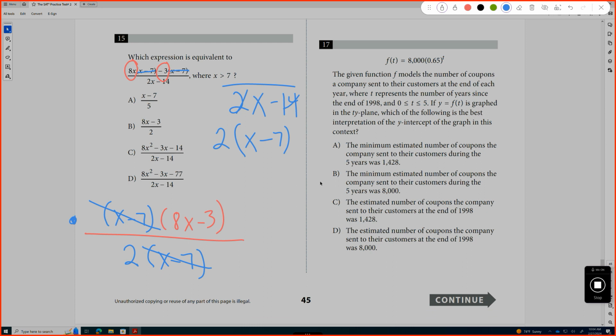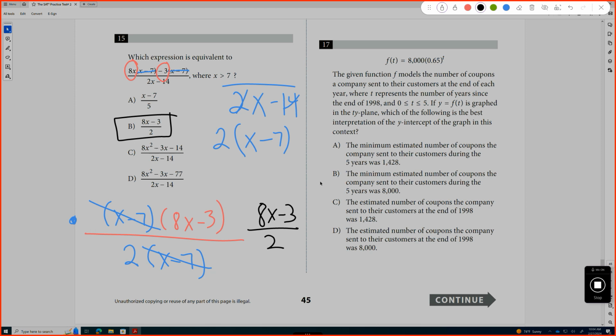So what I am left with is simply 8x minus 3 over 2. Choice B. All right, so we just need to remember a little factoring. What is it that we do with that? And if you guys have questions about that, I can explain to you outside of this video.